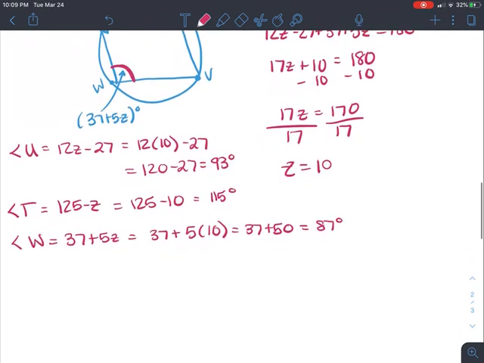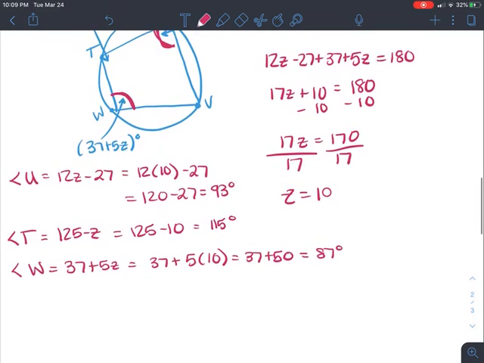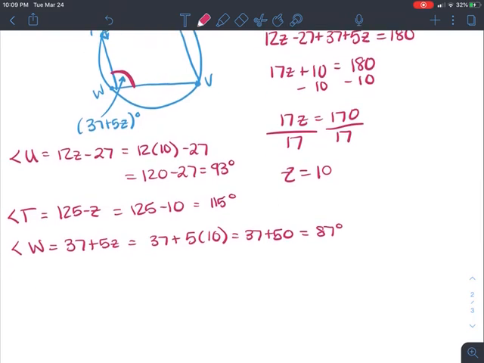And finally, I'm going to use the theorem that the opposite angle of V is angle T, so angle T plus angle V equals 180 degrees. So 115 plus angle V equals 180, so 180 minus 115. Sorry, I'm still thinking of our last problem.